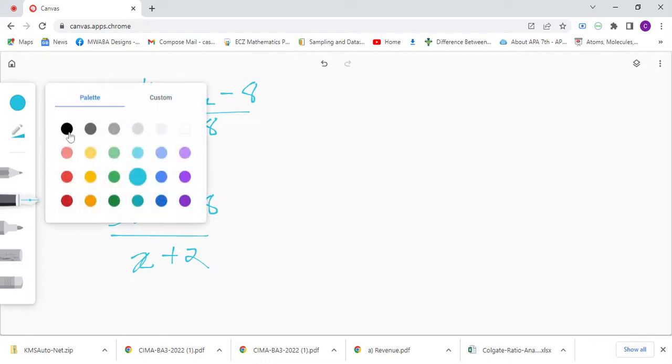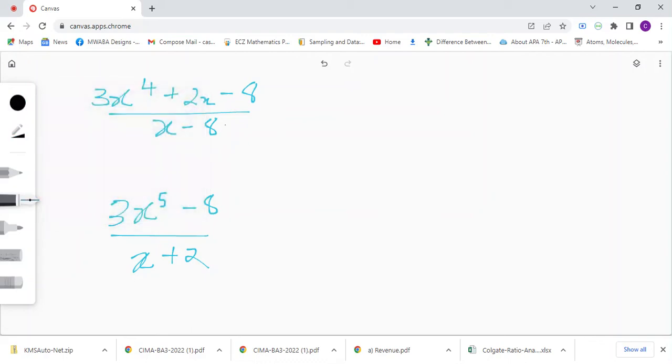All right, so we're dividing polynomials. We've got 3x to the power 4 plus 2x minus 8 divided by x minus 8. So we're going to say here x minus 8 divided by 3x to the power 4.